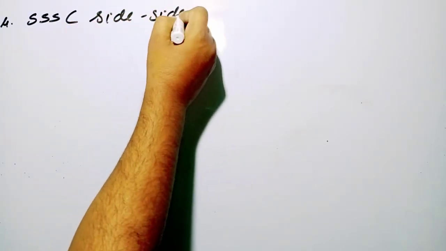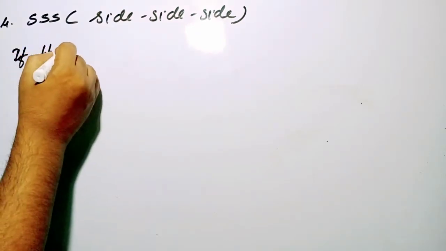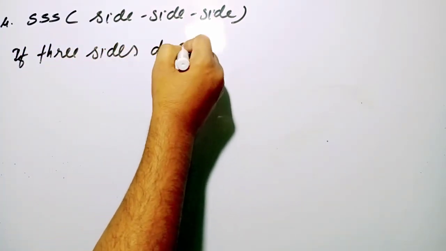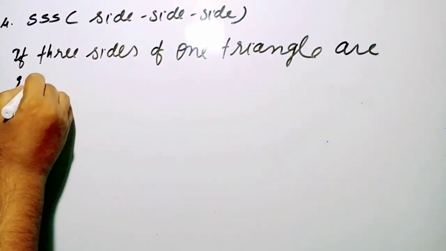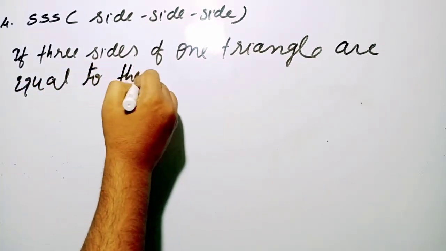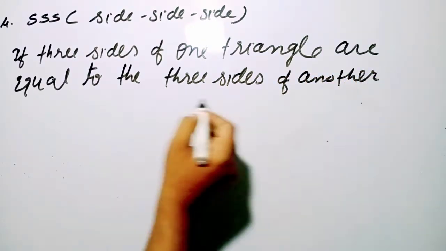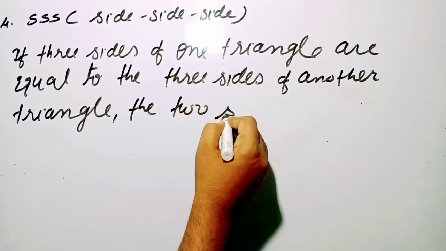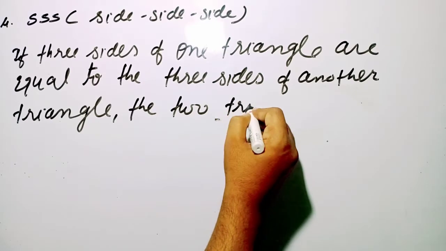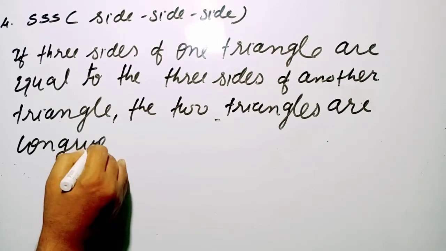Okay, now moving to the next, the SSS rule. If three sides of one triangle are equal to the three sides of another triangle, then the two triangles are said to be congruent.